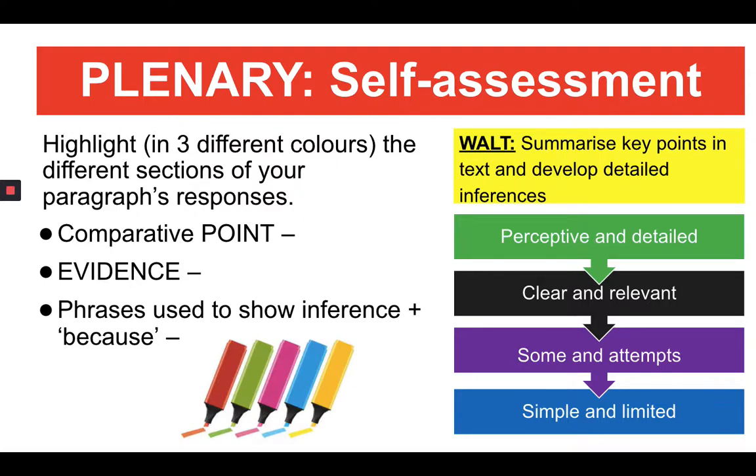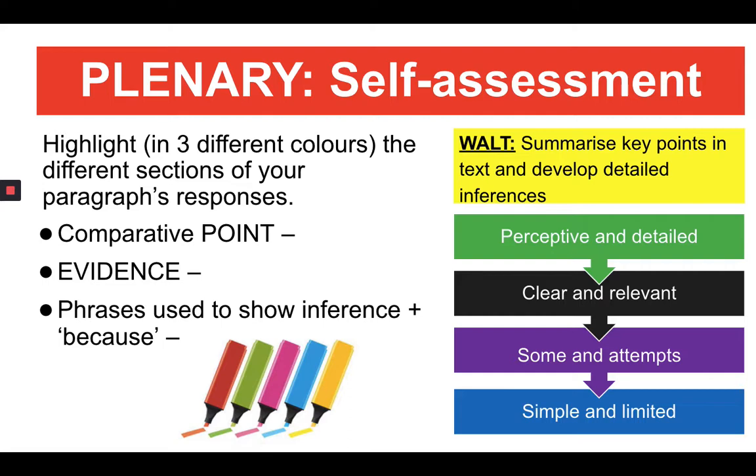So as some self-assessment, one way that you can figure out how well you're doing is to pick apart your answer. So get out 3 different colored highlighters or colored pencils, or maybe just 3 different colored pens, and start to pick apart your response, kind of like what I did with the model responses.